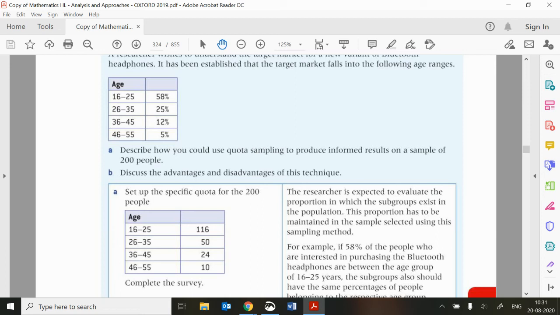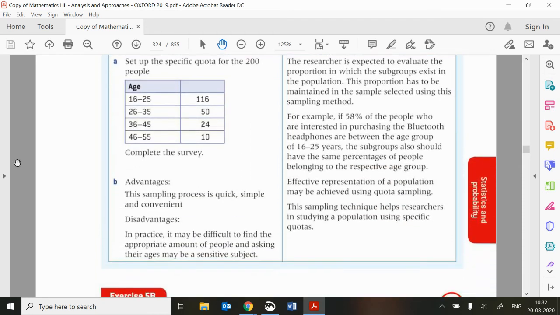Okay, a disadvantage might be that maybe it's difficult to find enough people between 46 and 55, for example, in order to survey. So maybe there are practical considerations when we're going out and trying to find the right number of people for this sample, especially if we're trying to do that randomly.